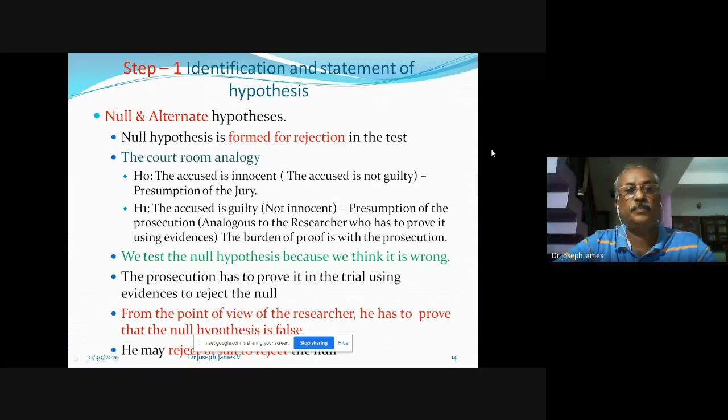First of all, we form a null hypothesis and an alternate hypothesis. A null hypothesis is actually formed for the purpose of rejection. Consider a courtroom analogy. It's a very popular analogy.